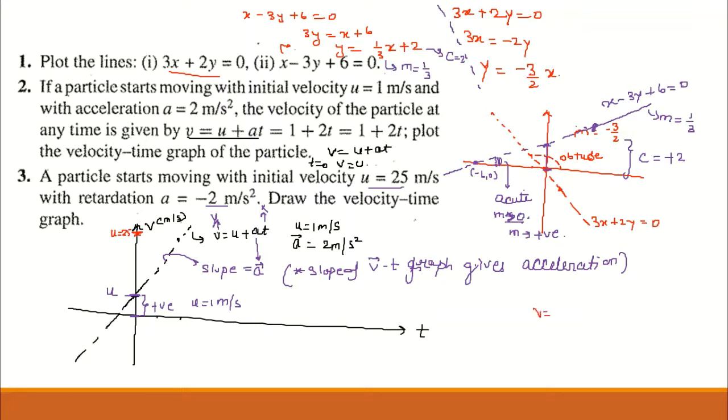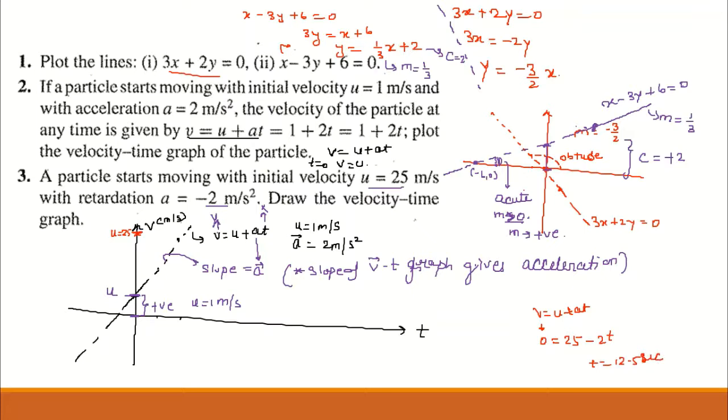So if I apply v is equal to u plus at here, what is my final velocity? It will be 0. If I want to find the position when it came at rest, the initial is 25, the acceleration is minus 2, so after 12.5 seconds it will come at rest.